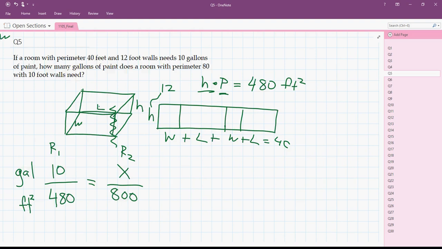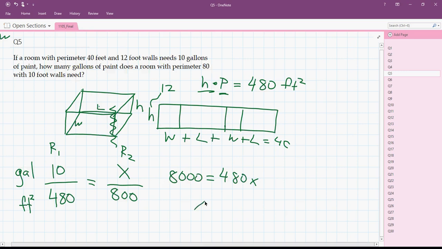And as usual, when we have two fractions, we can just cross multiply. So 10 times 800 is 8,000. And that should be equal to 480x. To solve, we would divide both sides by 480.